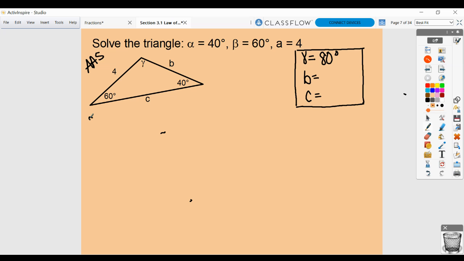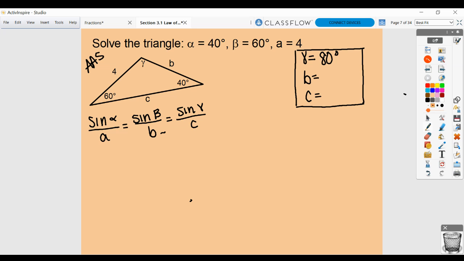So if I write down the formula, sine of alpha over A equals sine of beta over B equals sine of gamma over C. What you are looking for is the match.